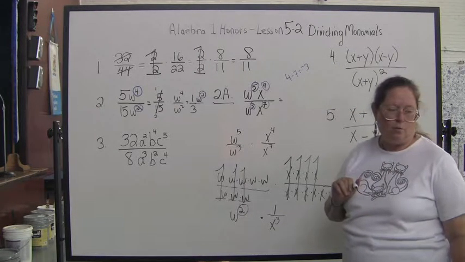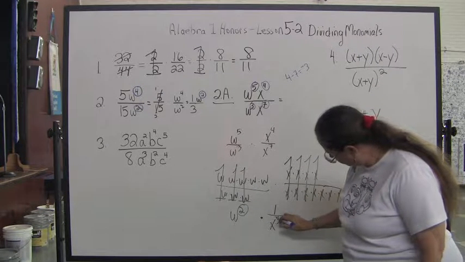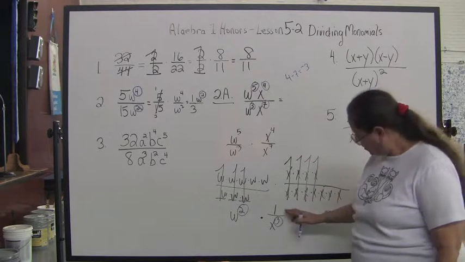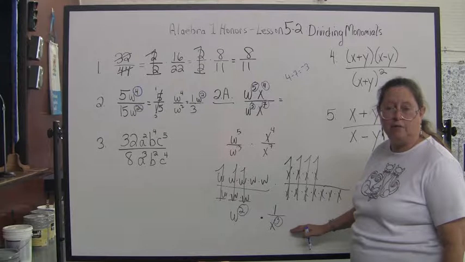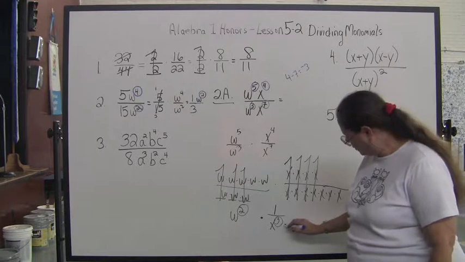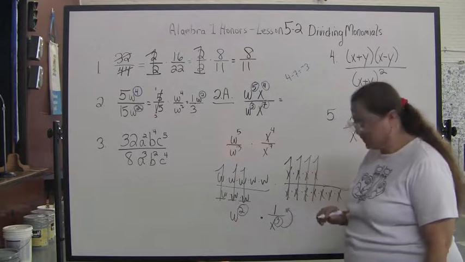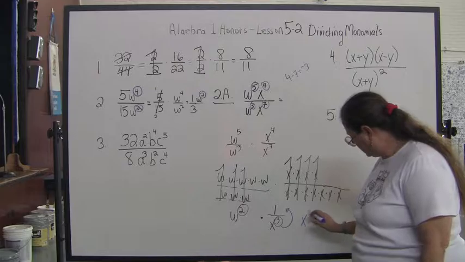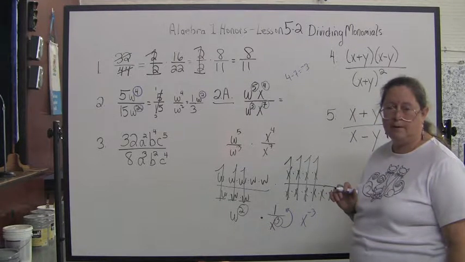And so here we have a positive 3, okay? But as it turns out, this x to the 3rd, when it's in the denominator, if I were to drag this x to the 3rd up so that I don't have a fraction, I would write this as x to the minus 3, right?